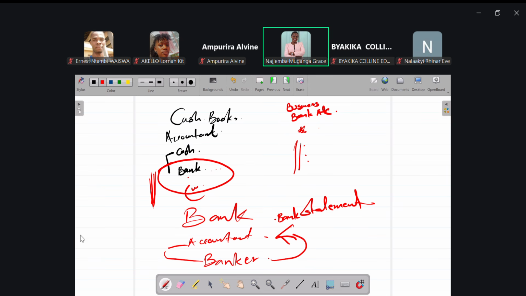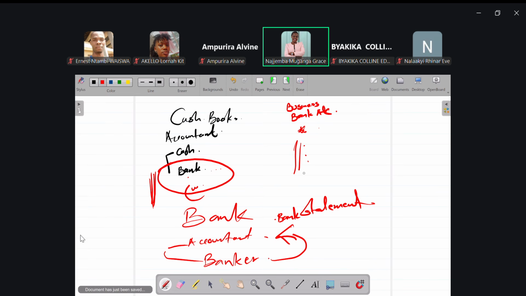Are we together? So this means that since there are similar transactions being recorded by different people, then the closing balances should literally be the same.